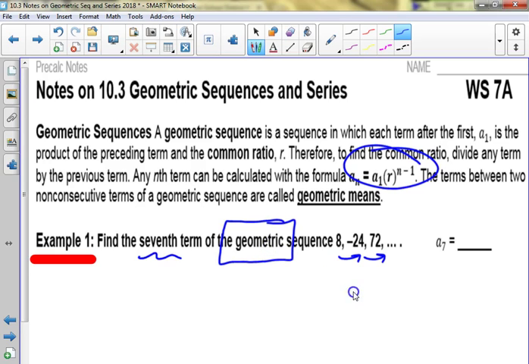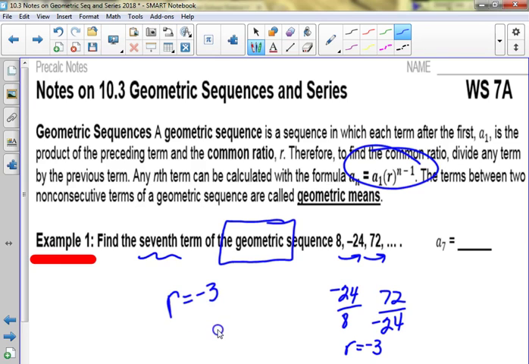Multiplying by something. Have a common ratio. So if you did negative 24 divided by 8 or 72 divided by negative 24, either way you get negative 3. If you subtracted here and you said this went down 32, you would have to go down 32 again, right? And that wouldn't work. All right, so this is geometric where r is negative 3.